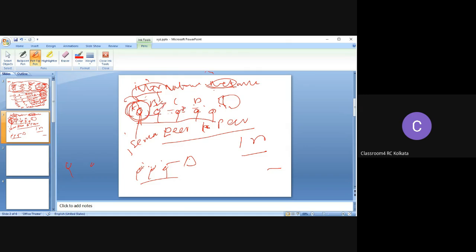Computer B first requests the server, and the server then takes data from C and sends this data to B. So all of this is controlled by one main computer. This is called the server, and the rest of the computers are called clients. This is called the client server system.